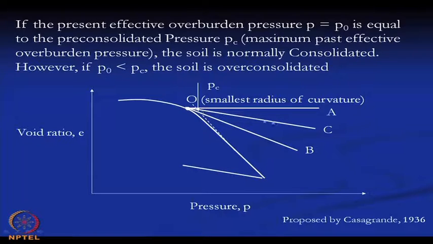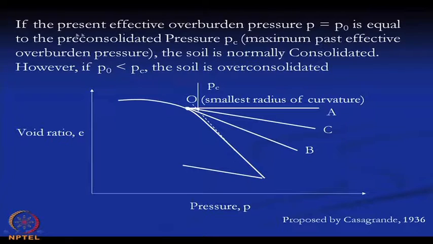Once we get the OC line, the next step is to extend the straight portion of the loading curve and identify the point where the straight portion of the loading curve and this bisector intersect. The pressure corresponding to that point is called the over consolidated pressure, or maximum past effective overburden pressure.